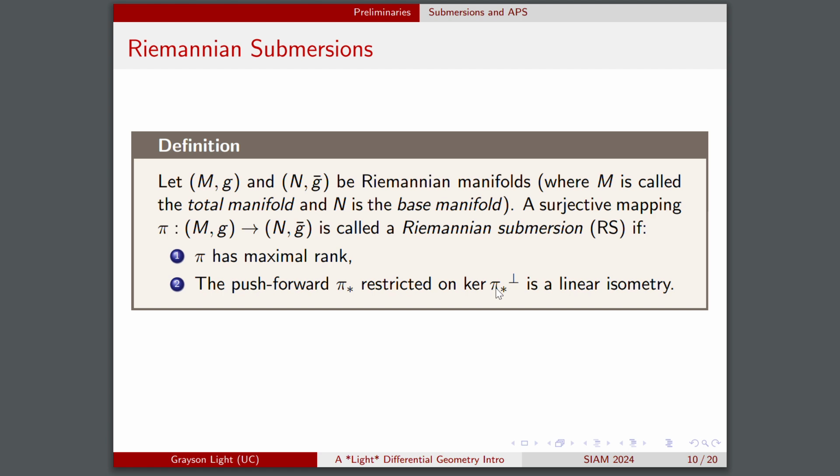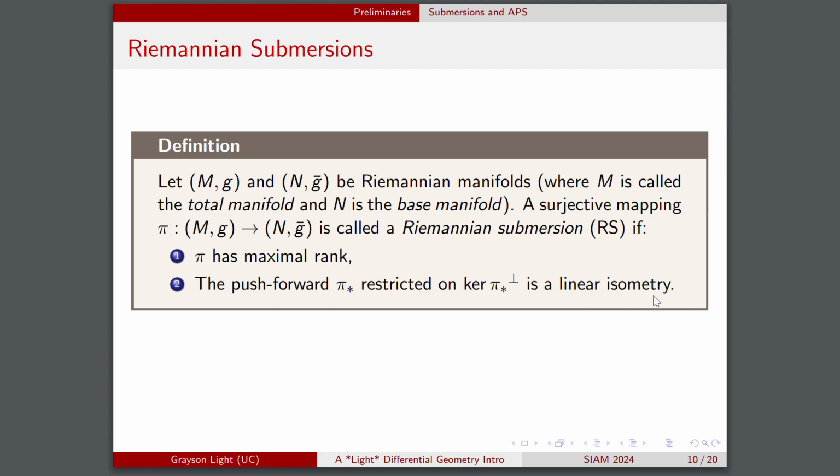Orthogonal is defined exactly like it is in R3 with the typical inner product, okay? If you take any two vector fields, plug them into the Riemannian metric g, and they evaluate to 0 everywhere, then they are called orthogonal. So these horizontal vector fields, kernel pi star perp, are all orthogonal to the vertical vector fields in kernel pi star. Okay?